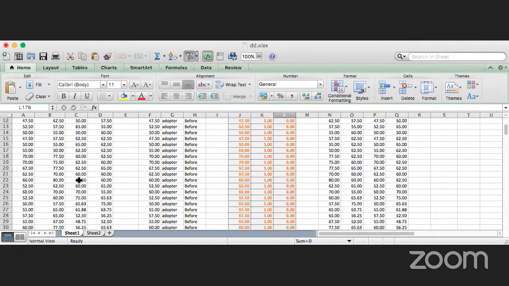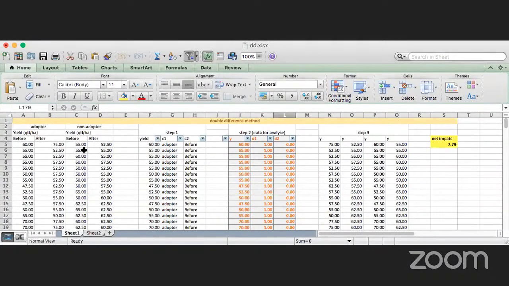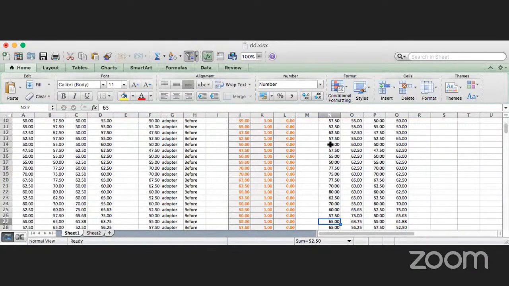The difference between these two, and between the adopter category, and finally the difference between adopter and non-adopter gives our net impact. That is what I have given in the last column, from the normal difference.